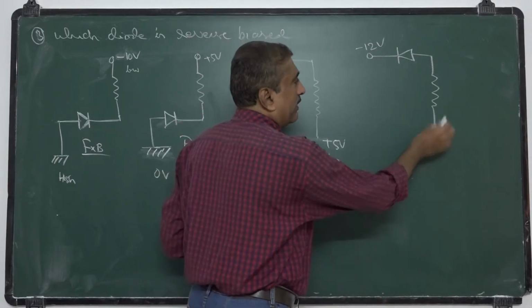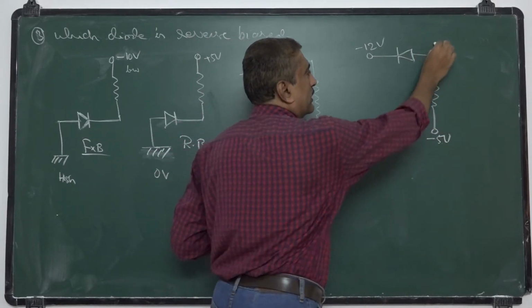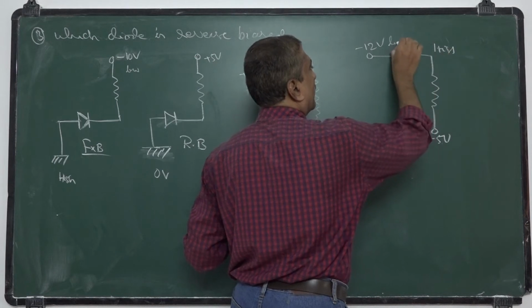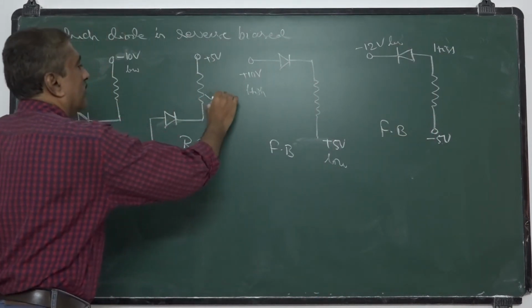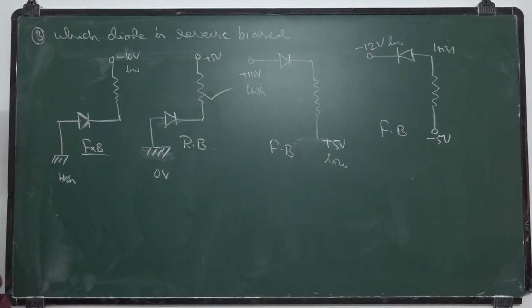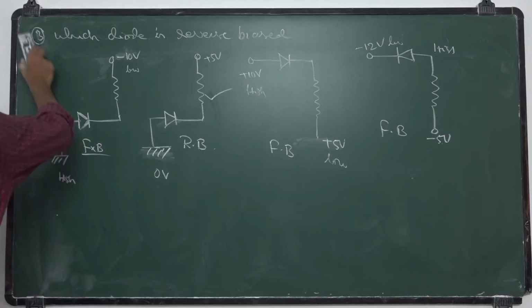And minus 5 is connected to P type. So this is high and this is low. So this is also in forward bias. So the answer is this one. Now the fourth one.